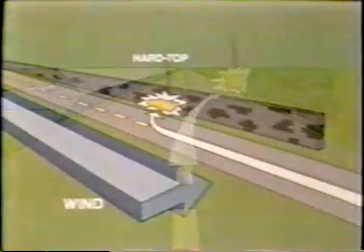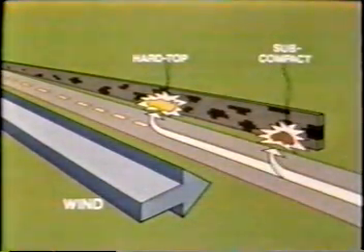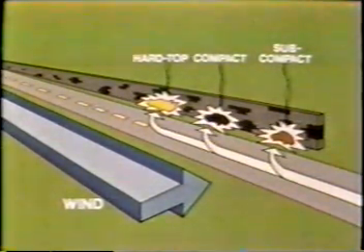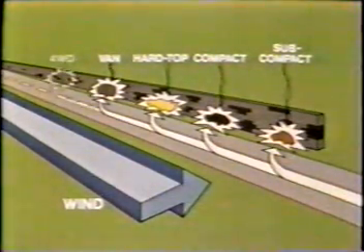A subcompact, however, traveling at the same speed, will be blown to one side before traveling as far. By testing several vehicles at a fixed speed, we have a way of relating mass to distance.